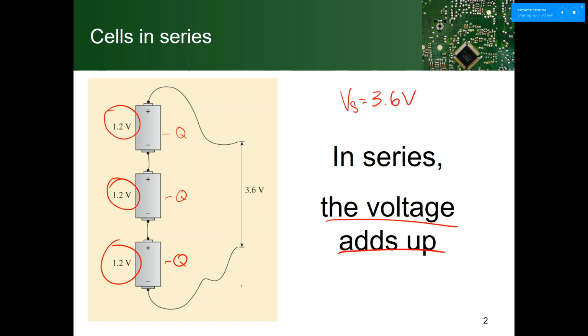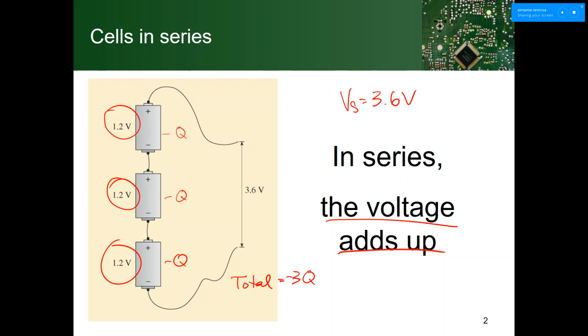Minus 3Q. So in total, you have minus 3Q charge in these three batteries in series. That's going to be important later when I do some calculations. So just remember this, please. I'll come back to it.